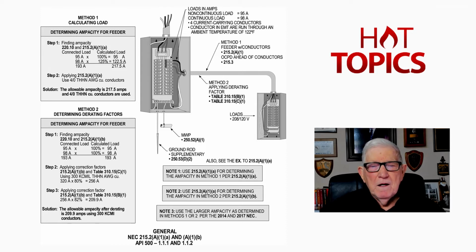But now let's look at the figure, and let's look at the information given in the illustration. We have loads in amps, non-continuous at 95, continuous load at 98, and we have 4 current carrying conductors in the raceway routed through an ambient of 122 degrees Fahrenheit.